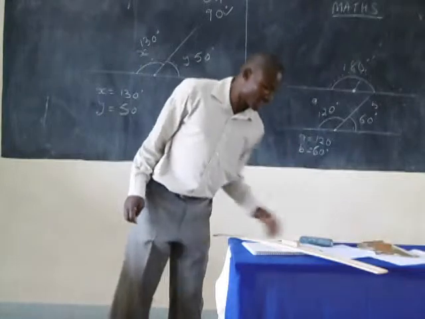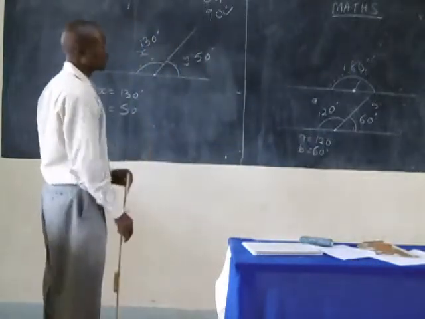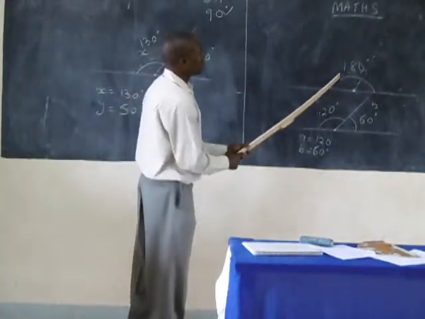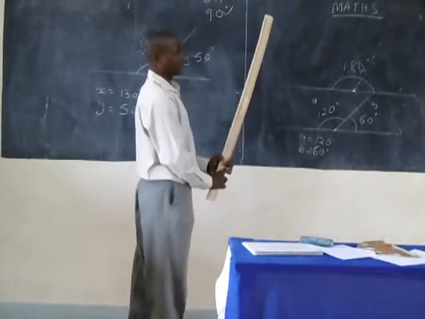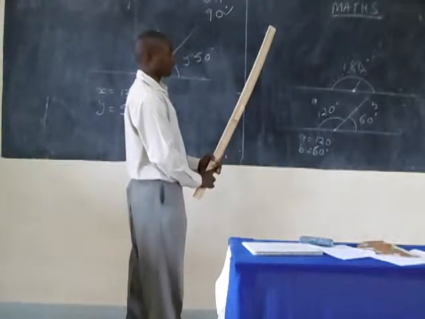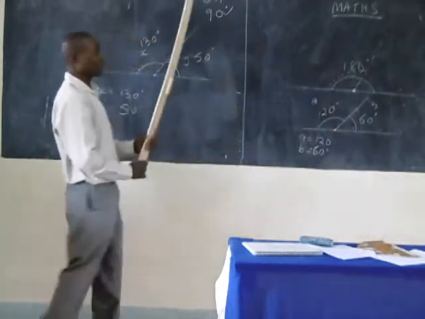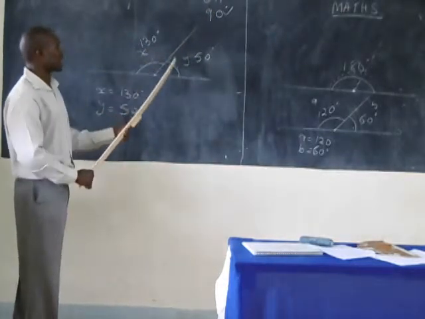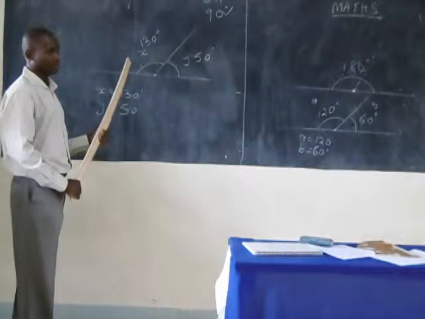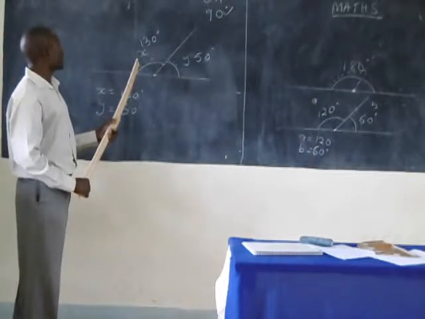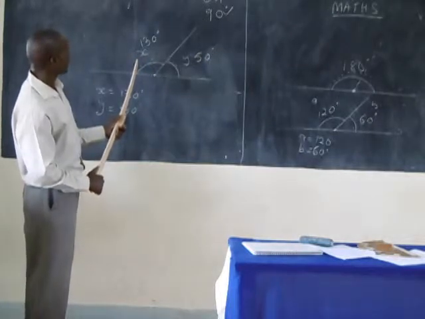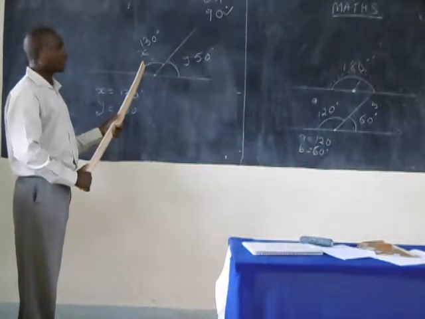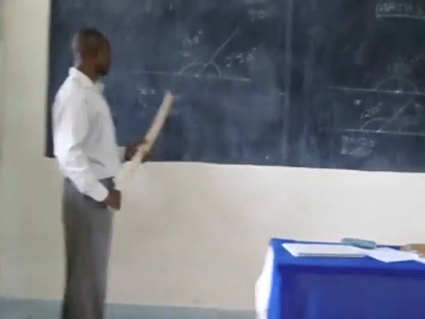Now, listen very carefully. You have realized that angle at a point on a straight line gives us 180 degrees. When you divide that 180 degrees, you realize that one side of the angle is bigger than the other side. Are we together? And that's why we measured our angle X and got 130 degrees, which is larger than angle Y, which is 50 degrees.